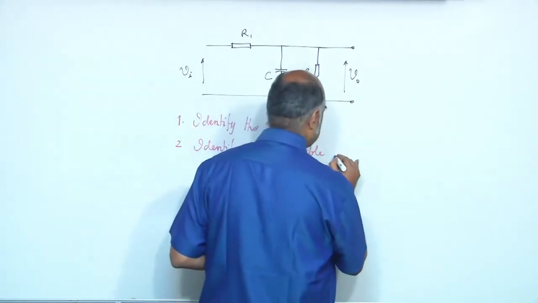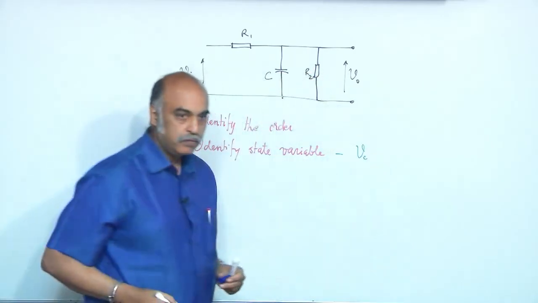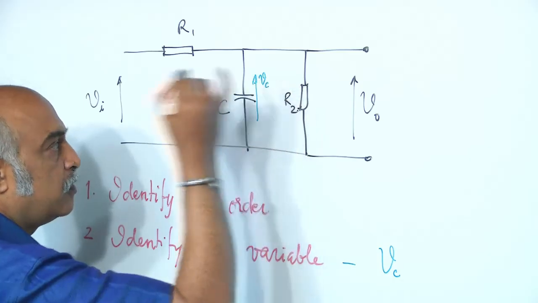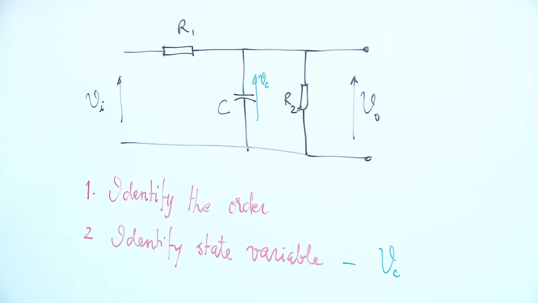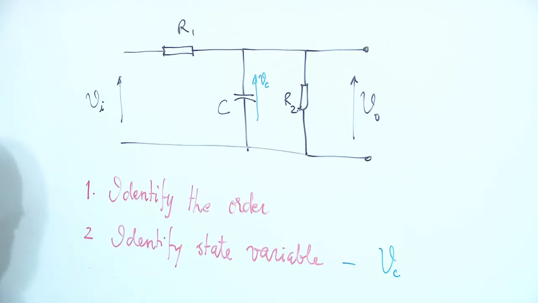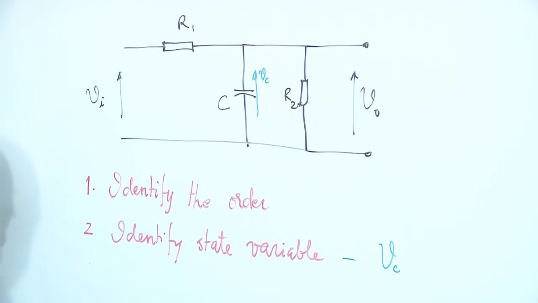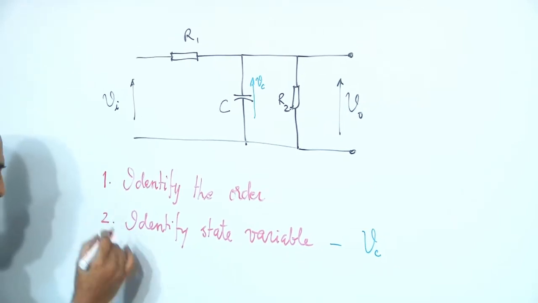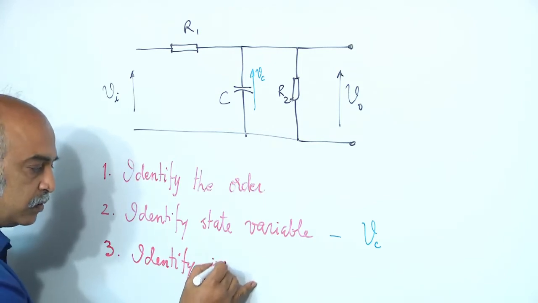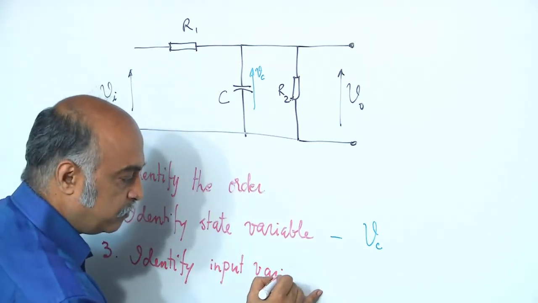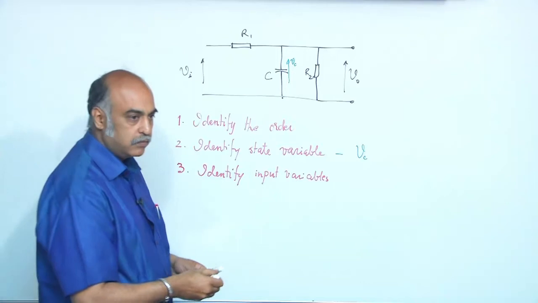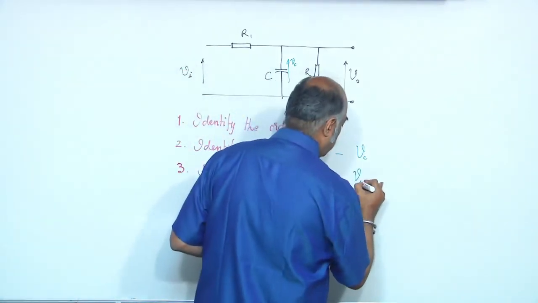In this case it is VC, which is the voltage across C. Then I will say identify the input variables, and in this case it is Vi.